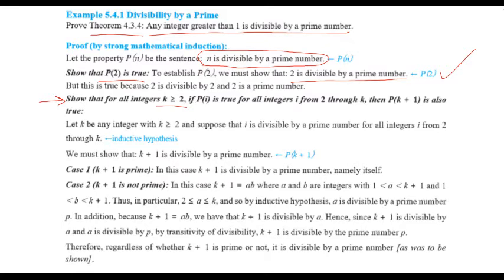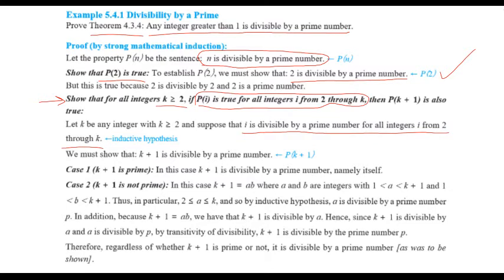Obviously, if you're asked what the inductive hypothesis is, you can say P of i is true for all integers i from 2 to k, or in other words, i is divisible by a prime number for all integers i from 2 to k.